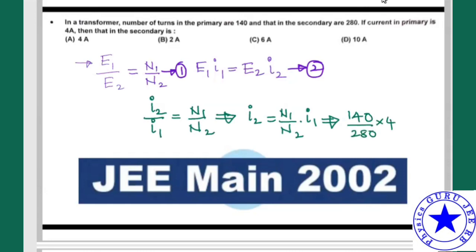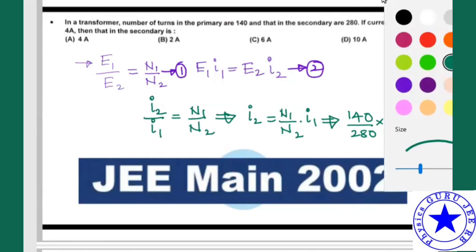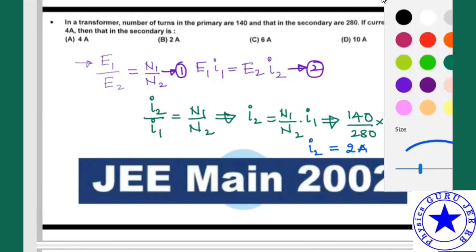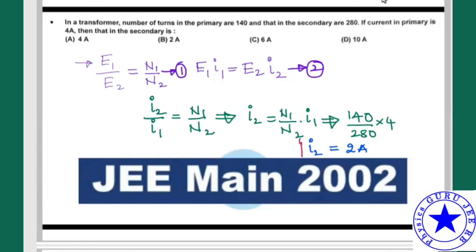If you simplify it, we get 2 amps. So the answer is 2 amps. According to the question, the secondary current is nothing but 2 amps. Hope it is clear now. Yes, is it clear?